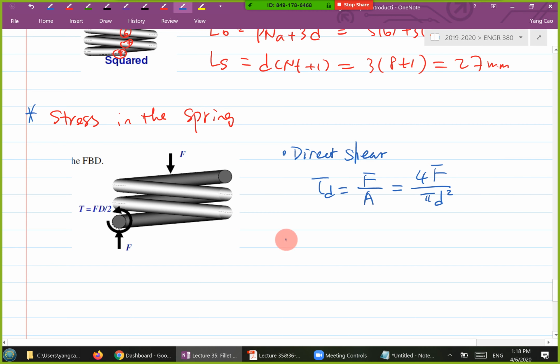The other type of stress is due to torsion, the torsional stress. If you have an F here, there's a distance between F and the center, and that's where the torque comes from. The torque generates torsional shear, so let's call it tau T.